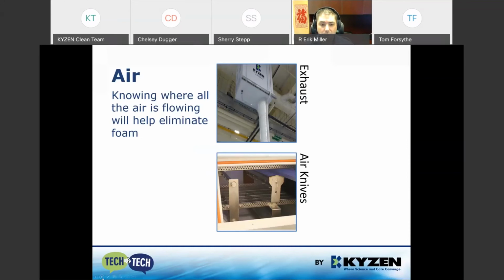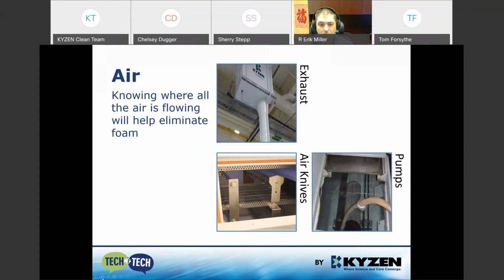Air knives are also a very good source of foam, or the prevention of foam. If your air knife angles are not correct and we're not moving material back into the section that it's coming out of, we can often contribute to drag out and cross-contamination, and it will increase the foam levels.